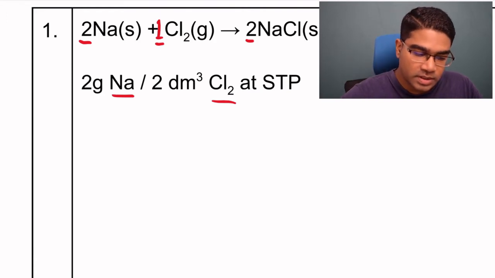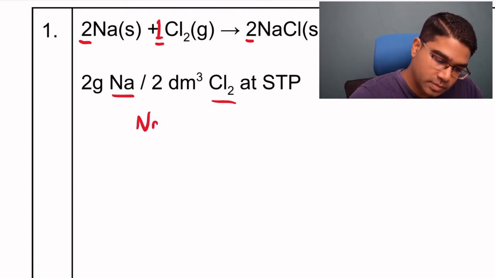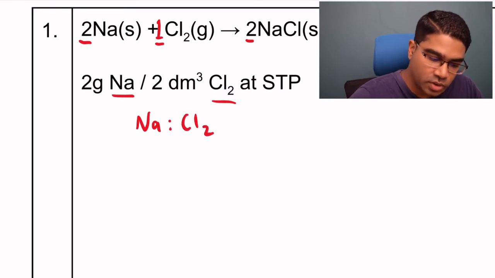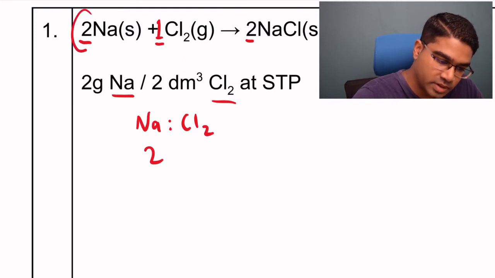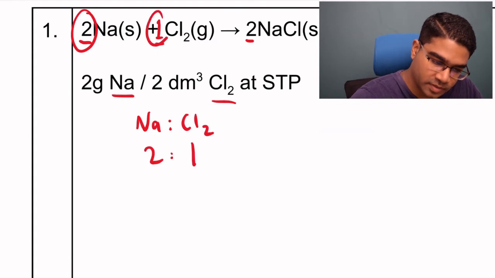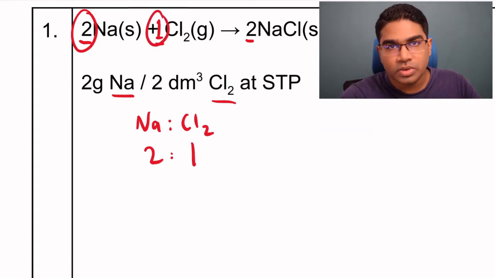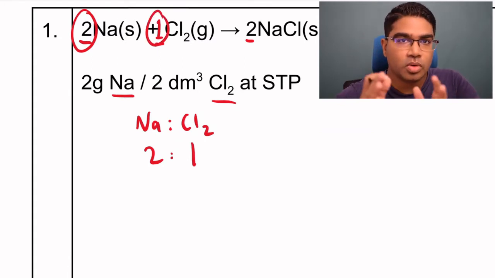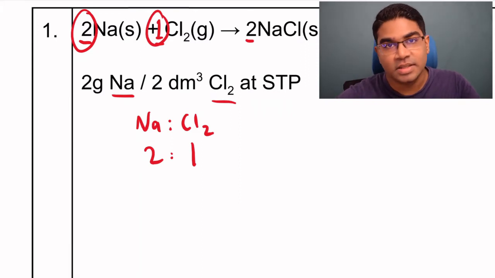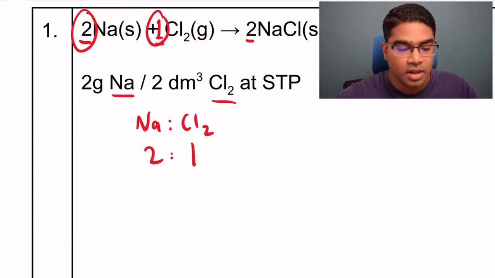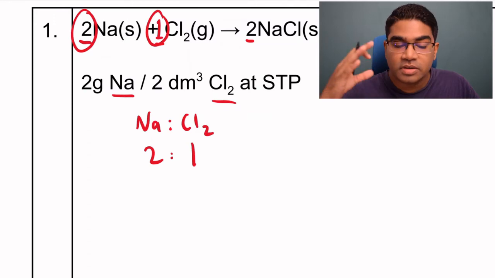So when we see sodium reacts with chlorine in a ratio of 2, where do I get this 2? From here, 2 to 1. 2 moles of sodium would react with 1 mole of chlorine completely. This is for a complete reaction. So this is just the general ratio.